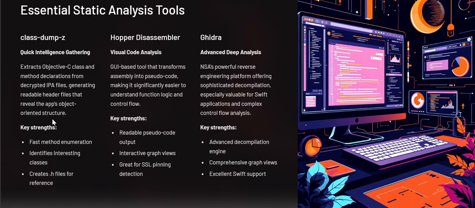Now let's look at the second one, Hopper Disassembler. Hopper is a GUI tool, meaning it has a nice interface where you can open an app and see how the code works in the background. It shows you pseudo-code, which is a simplified version of the internal logic.